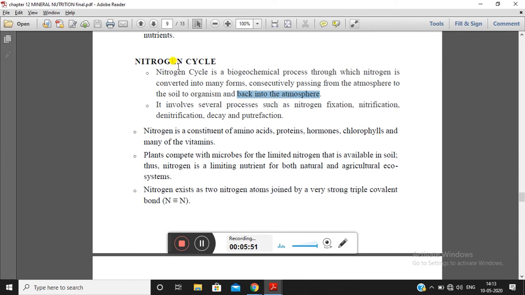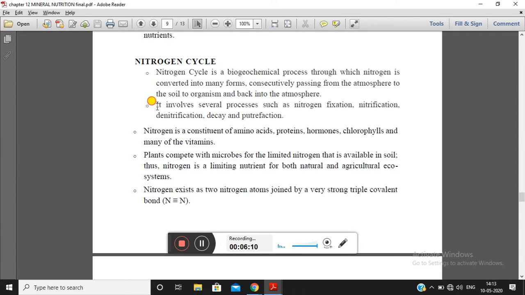That's why it is considered a cyclic process, or a cycle.